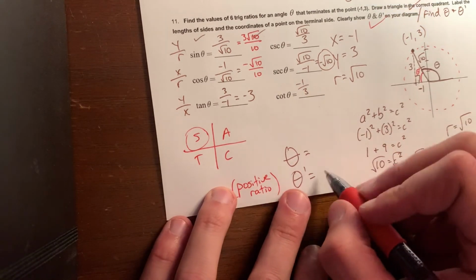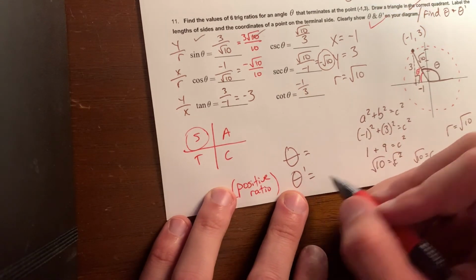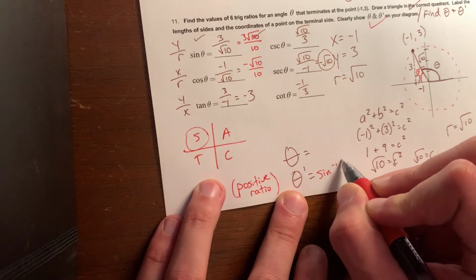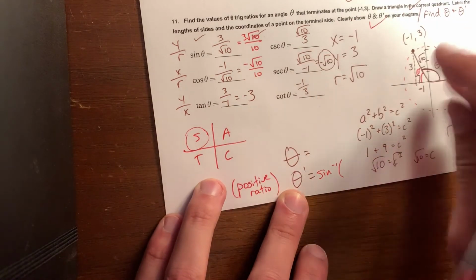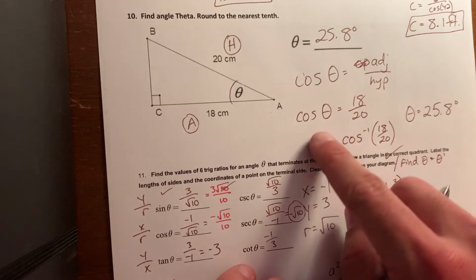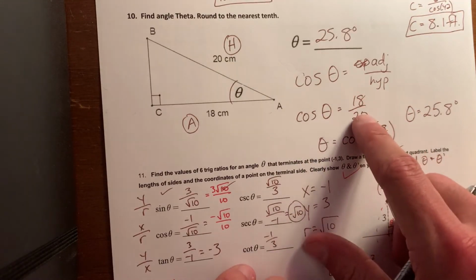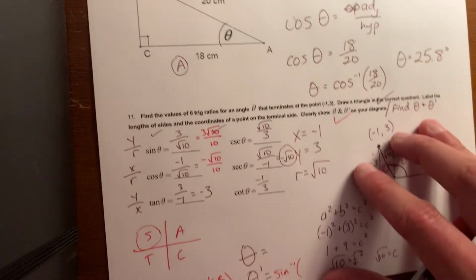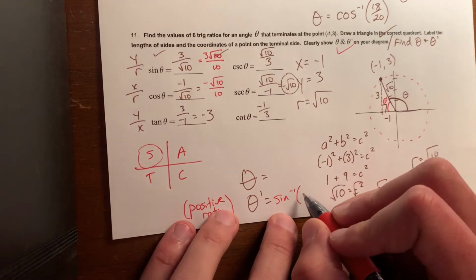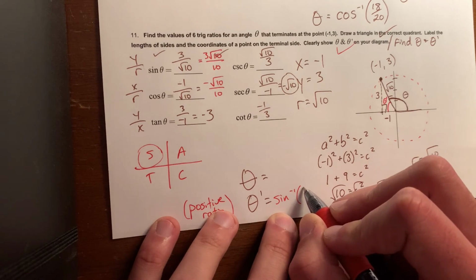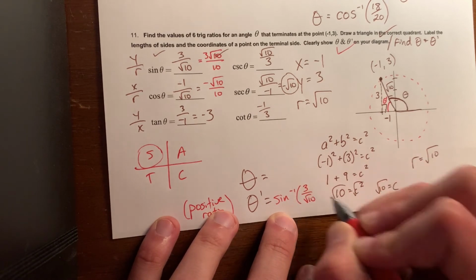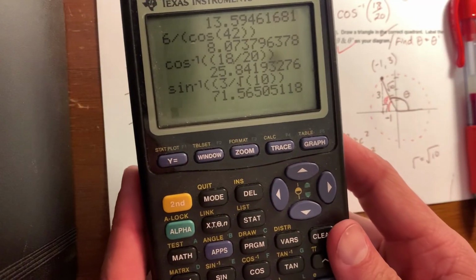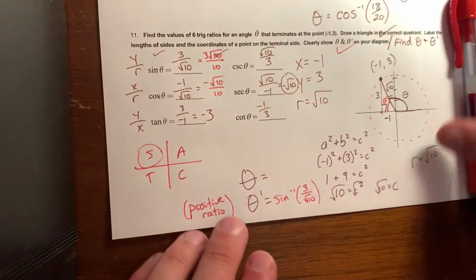I'm skipping some steps here, but it ends up being inverse sine of this ratio, following the same steps I did up here. I don't know the angle, I know the ratio, I know the trig function, so you'd cancel that out and do the inverse. So inverse sine of 3 over square root of 10. And when we do that, you see I get 71.6. So we'll stick with rounding to the nearest tenth.